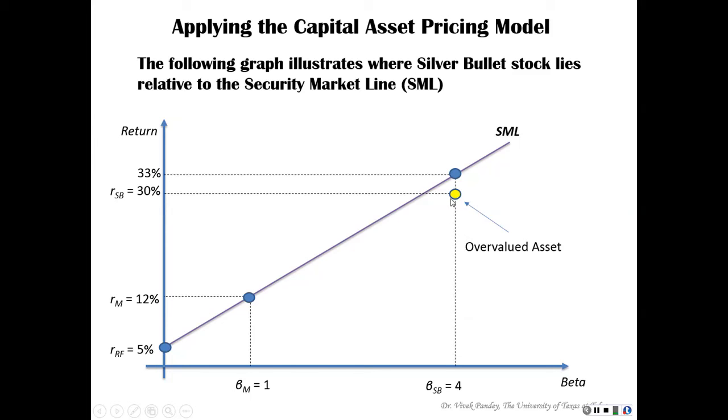And that's an indication that we have an overpriced asset. Of course, you can take an overpriced asset and short sell it to benefit from it, right? But if you're plotting something on the security market line and it falls below, then it's an overvalued asset. And if it falls above, it's an undervalued asset, right? So just remember that.